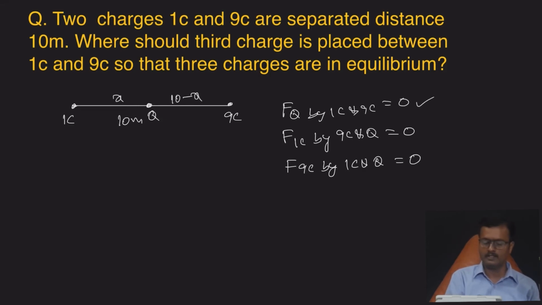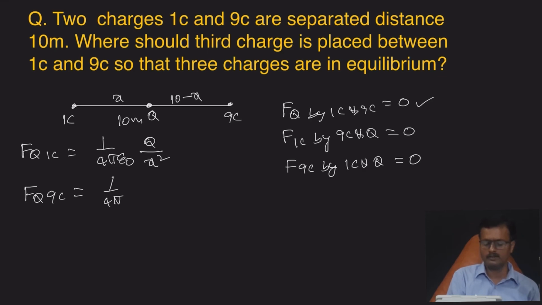I take the first case, force on Q by 1 coulomb. So what is the formula? 1 by 4 pi epsilon naught Q into 1 by d square, that is x square. Force on Q by 9 coulomb is 1 by 4 pi epsilon naught Q 9 by the distance 10 minus x whole square.